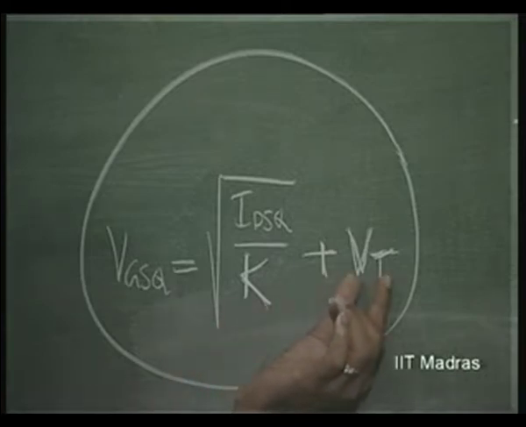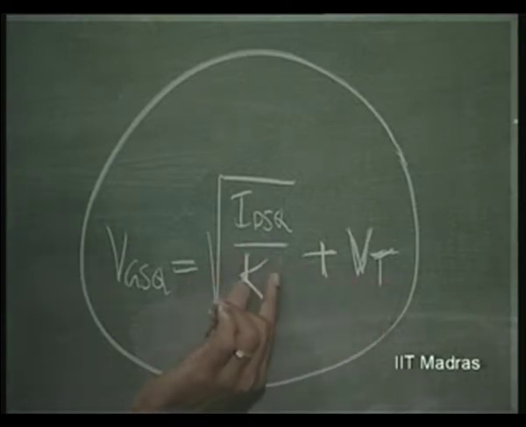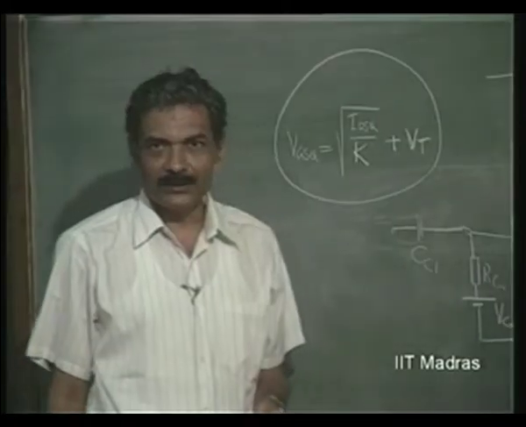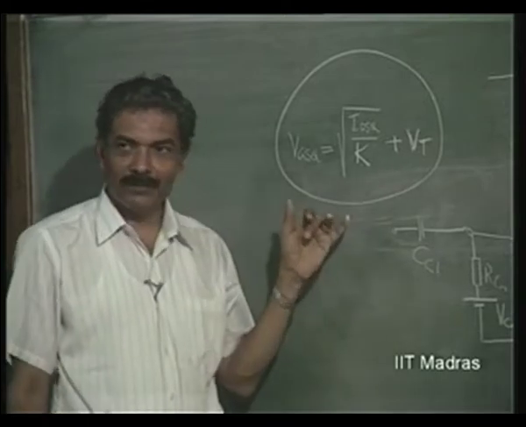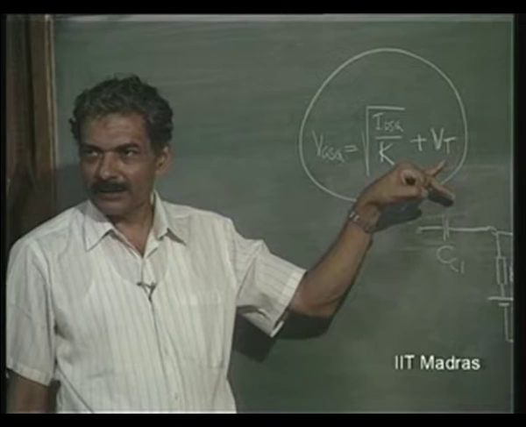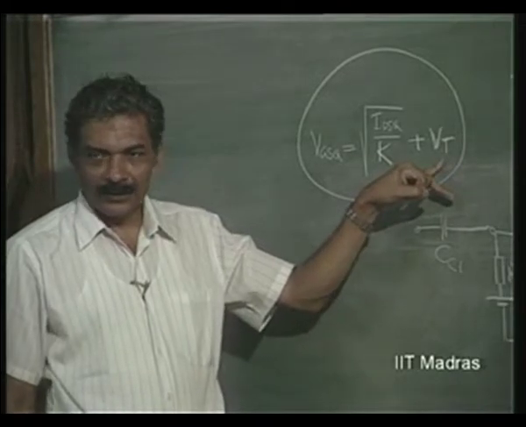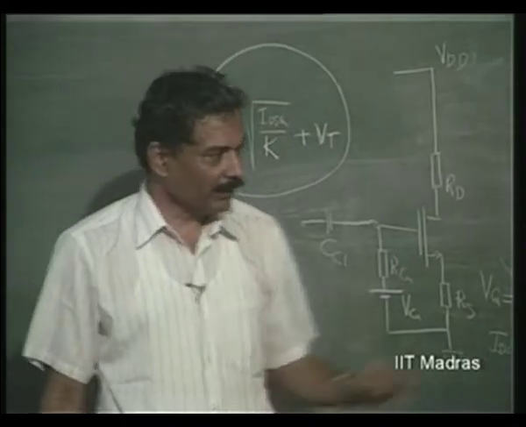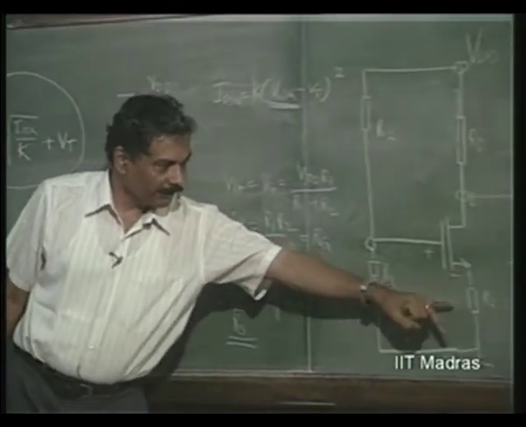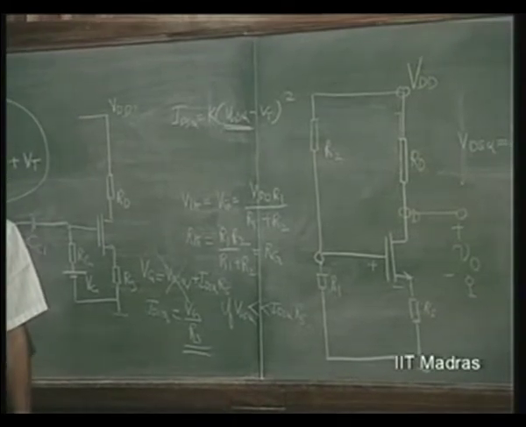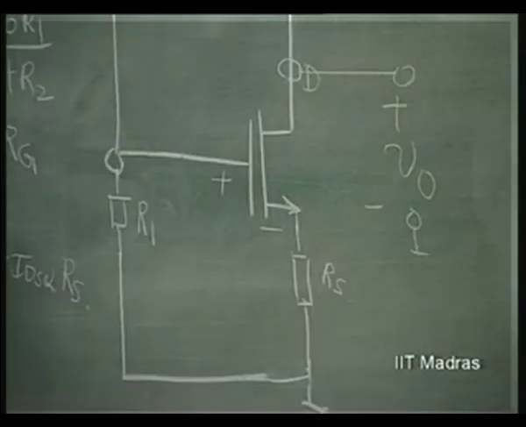So VT is kept small, K is made large. That means this factor VGSQ will be in most of the devices very close to VT itself. So you can use this information in finding out the value of RS suitable for a certain value of operating current. When I take an example, you will understand it better.